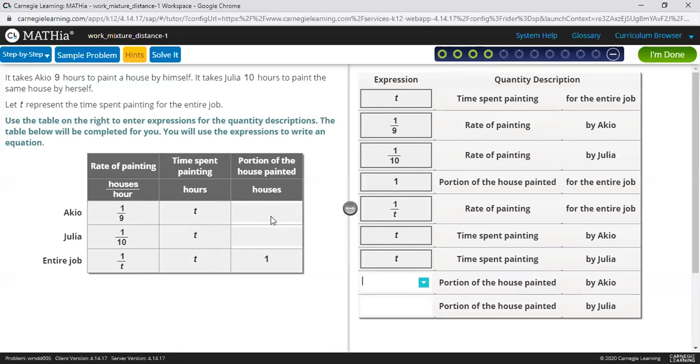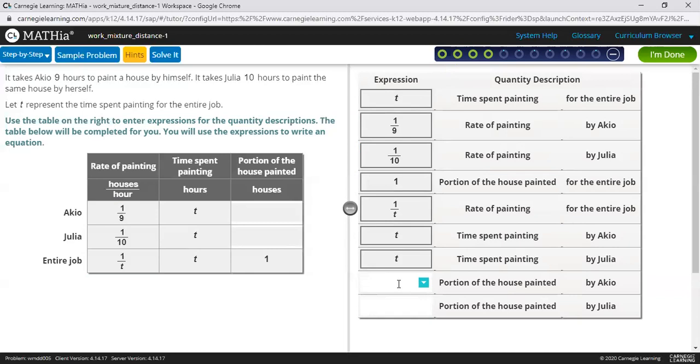And then lastly, we want to define the portion of the house we're painting. So the portion, that's our distance. So when we think of distance equals rate times time, I know it's hard to probably grasp that painting a house aligns with distance, but if you think about it, it's almost the goal we want to reach.